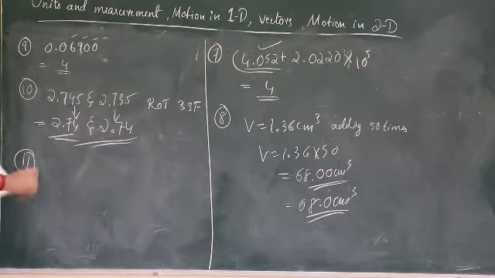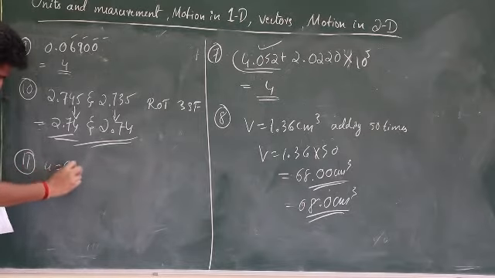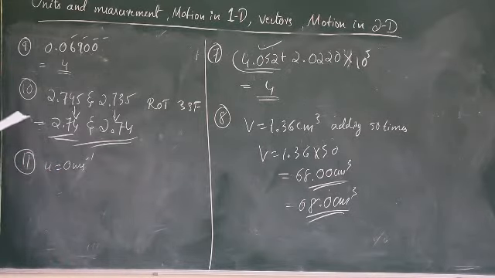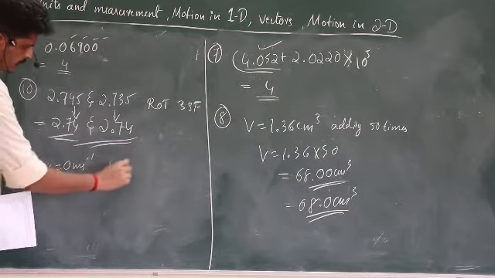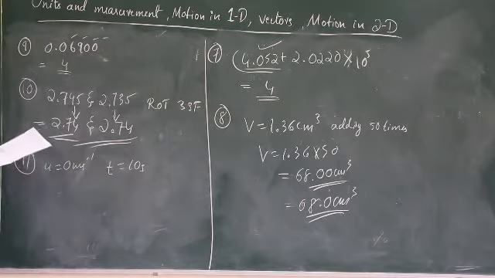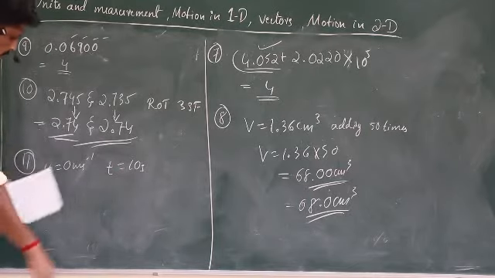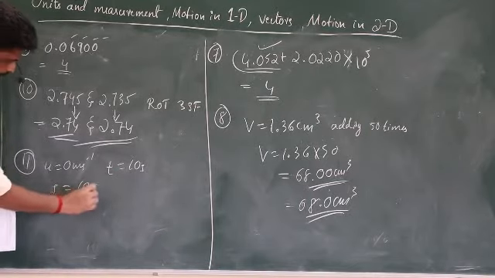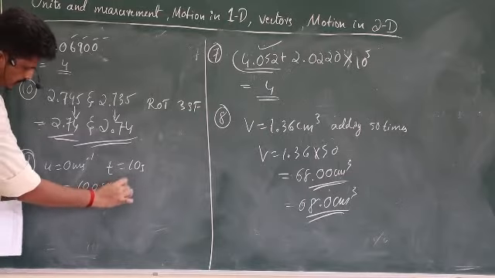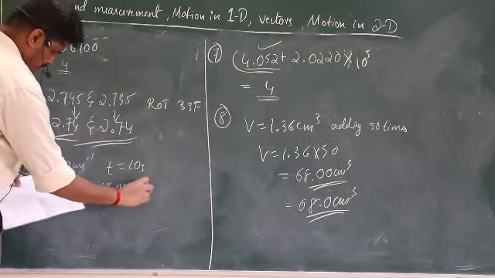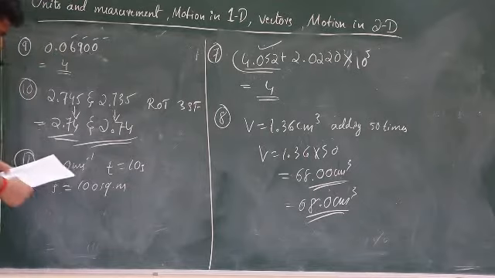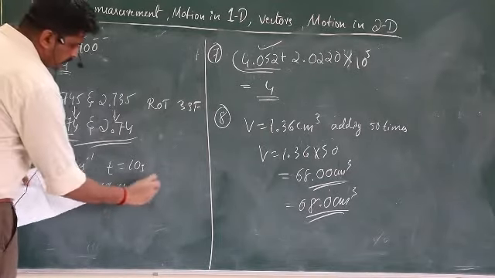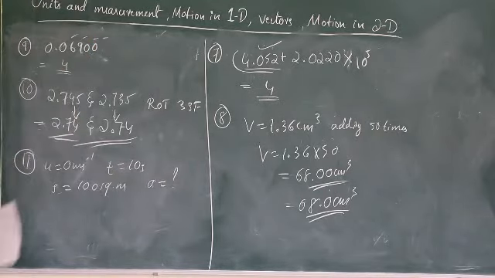The initial velocity is 0, traveling with uniform acceleration for 10 seconds, that means t equal to 10 seconds. The distance traveled is given as 100 square meter, with uniform acceleration. You are supposed to find a.